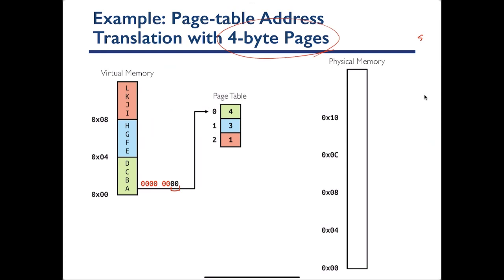The rest of the bits are virtual page number. So in this case, it's 0. So we're going to go to the table and see where virtual page 0 is mapped. Virtual page 0 is mapped to physical page 4. So that would be here.